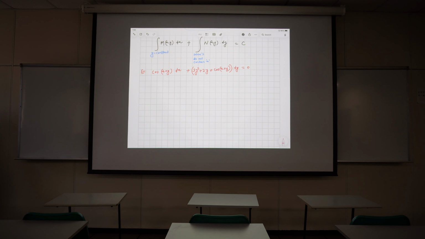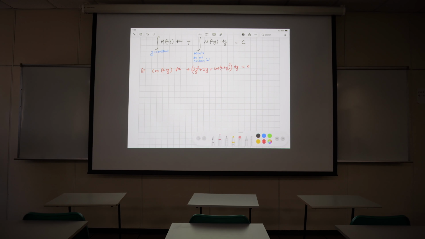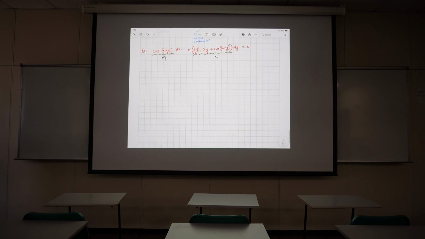Right? And we know in this ODE, we already solved this one, that this one is our M and this one is our N. And we already know dM by dy and dN by dx. What is that value?